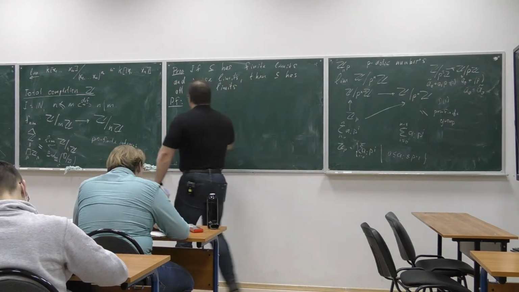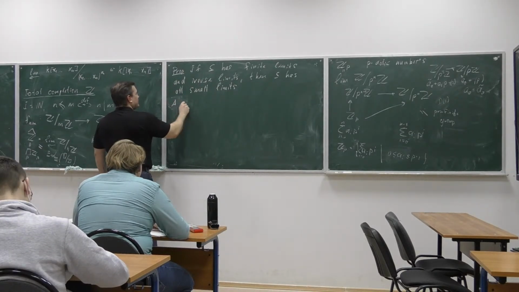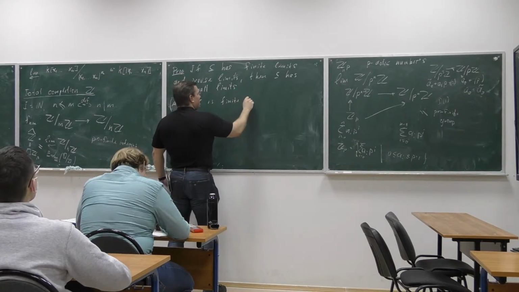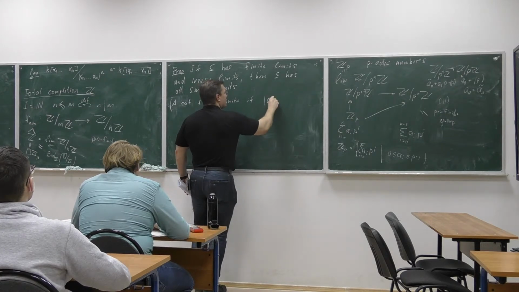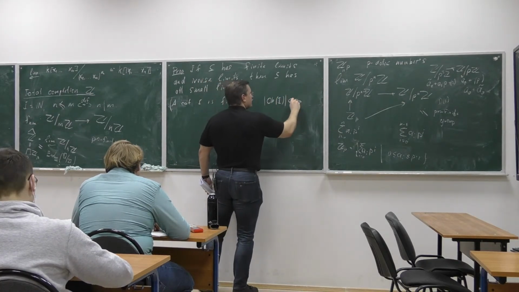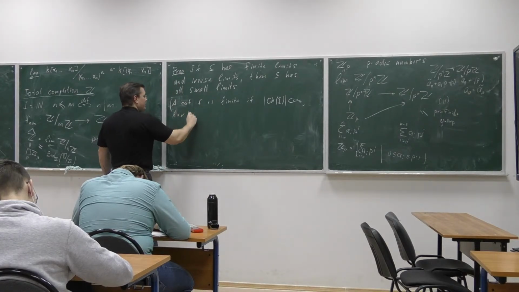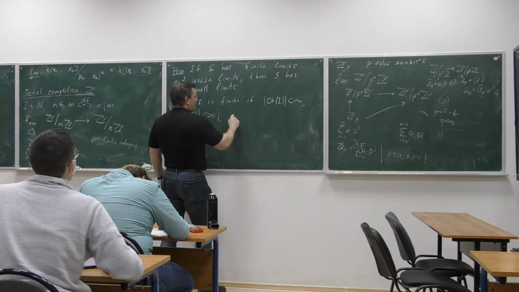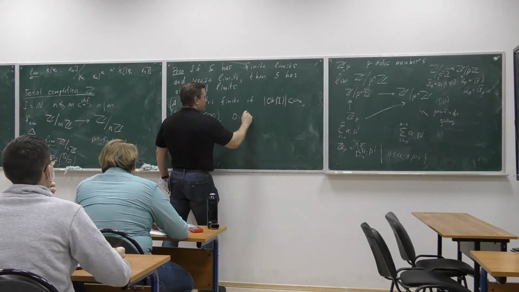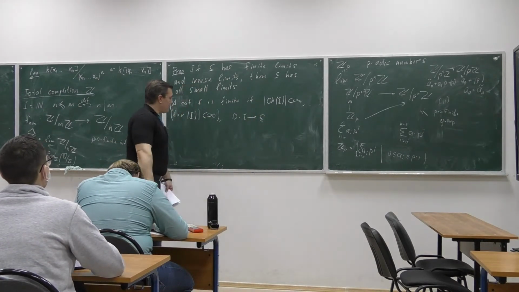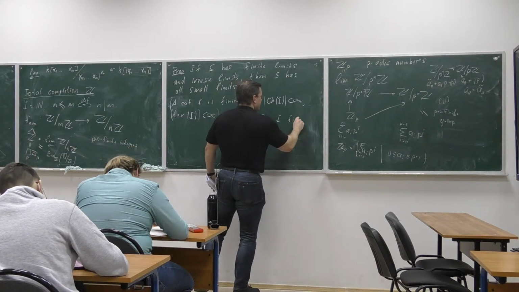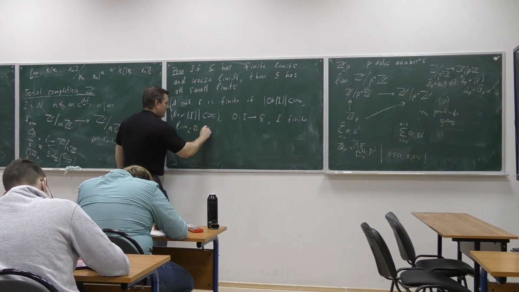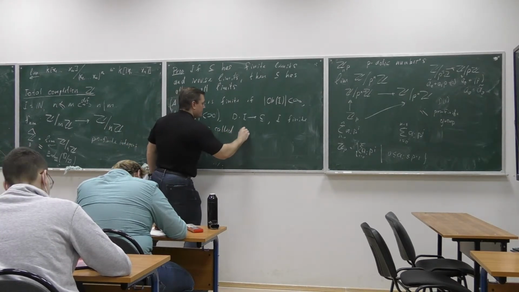So, before the proof, a category I is finite if the set of objects of I is finite and the set of arrows in I is also finite, and you consider a diagram with I finite, then the limit is called finite.